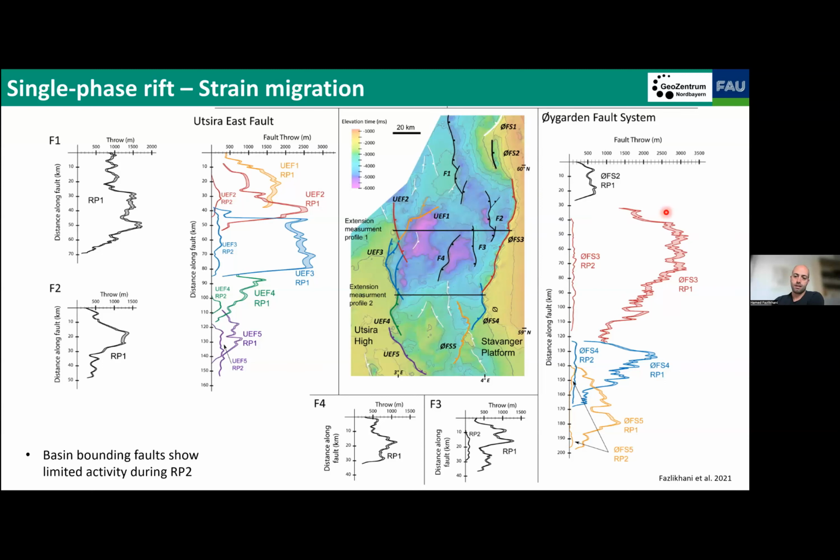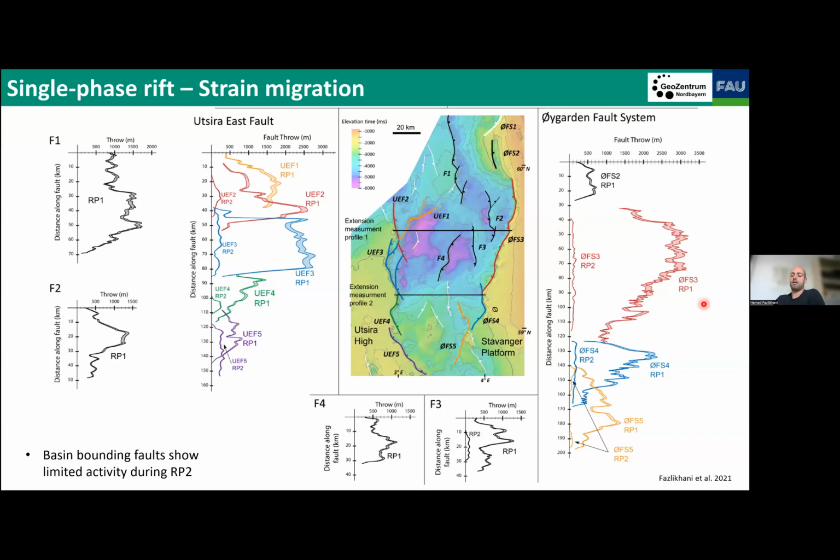The red graph here corresponds to the third segment of the Øygarden fault. Mainly what it shows is that during the first rifting phase we have about 2 to 3 kilometers of throw along this fault, which gradually decreases from the northern part of this fault segment towards the south.